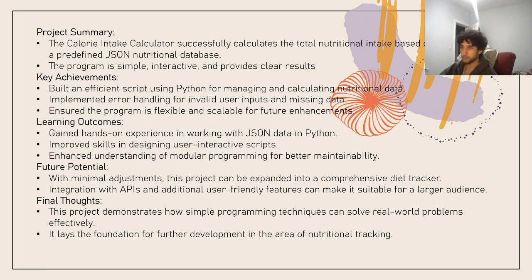We can expand the nutritional database to include more food items and additional nutrition like vitamins and minerals, something like this. It could be so many things. We can add some matching to suggest similar items when a food is not found in the database, for example. There's potential to add many things.